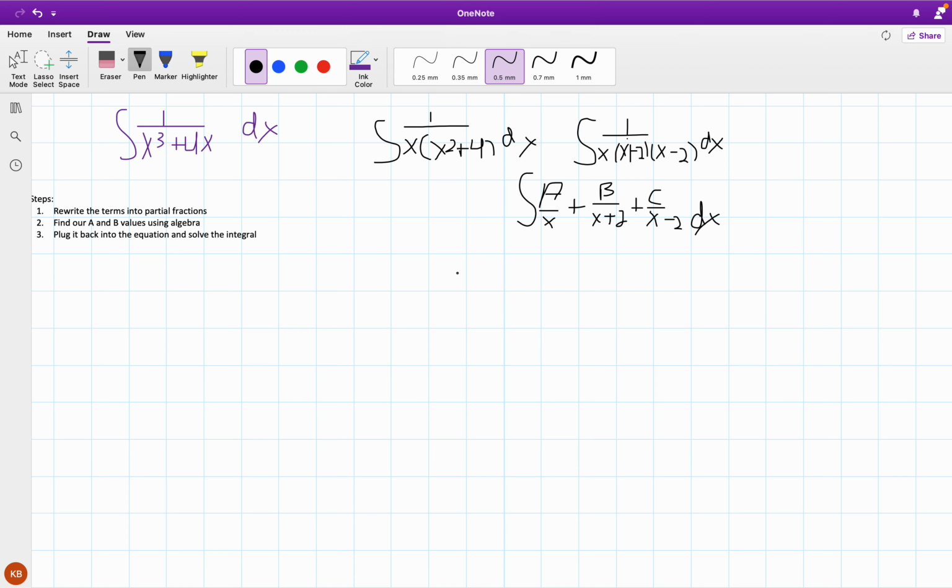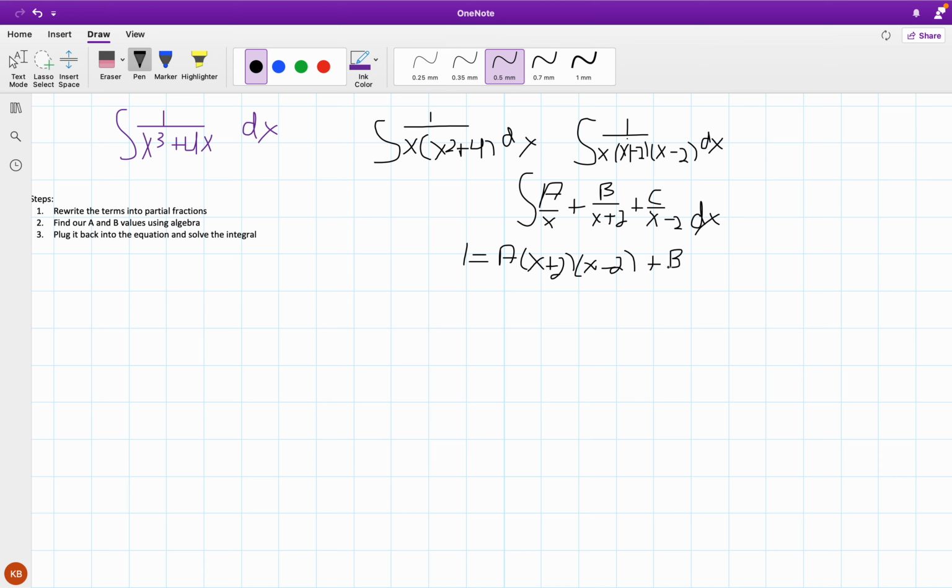And now we're going to use algebra to solve the equations. We use the numerator, so 1 will equal, and we multiply each variable by the other factors. So it would be A times x plus 2 times x minus 2, and the x cancels out. We do the same for each variable.